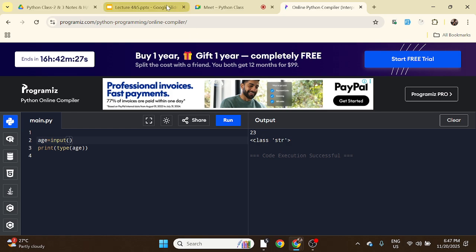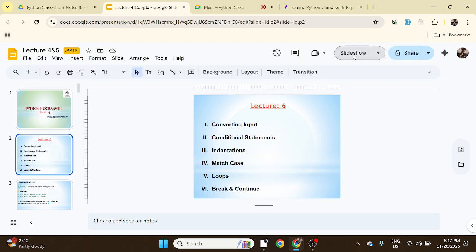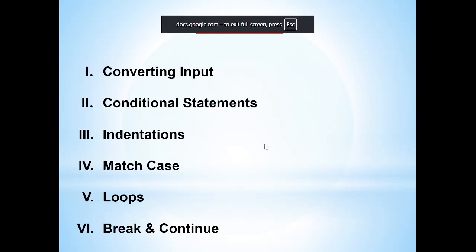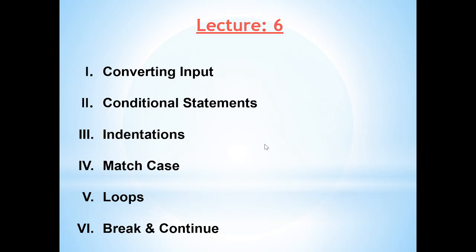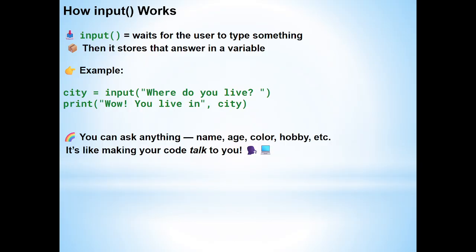So the reason behind it is that by default, input considers everything as a string only. Even if you enter decimal numbers, it will consider that also a string. So for that we have to convert it.